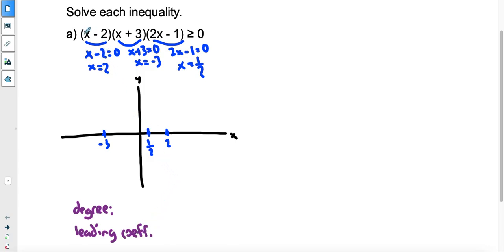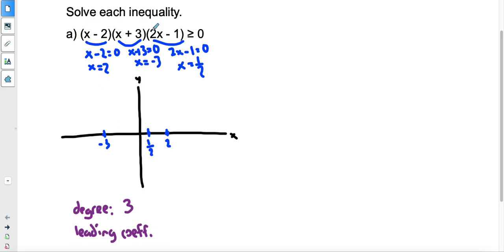Now the degree: if you look at my factors, I'm multiplying an x here by another x by another x. I know if I multiply x by itself 3 times, that gives me x cubed. So the degree of this polynomial is 3.